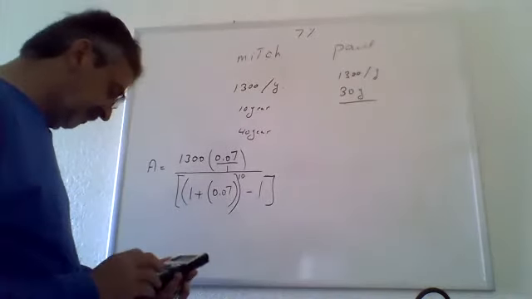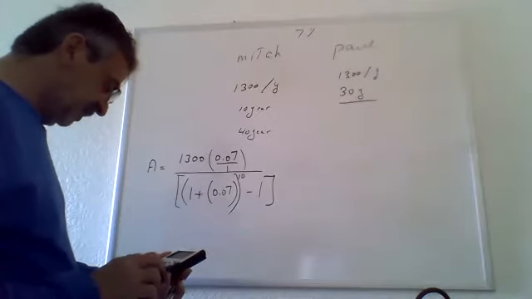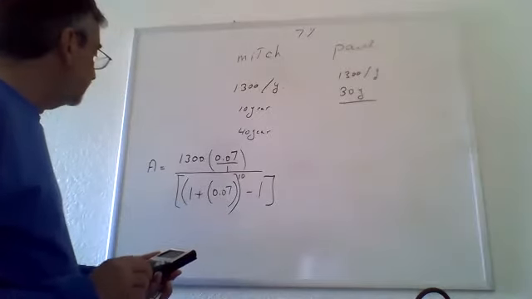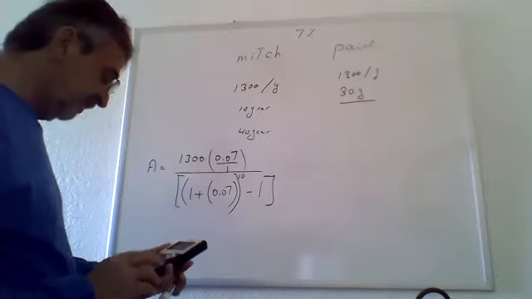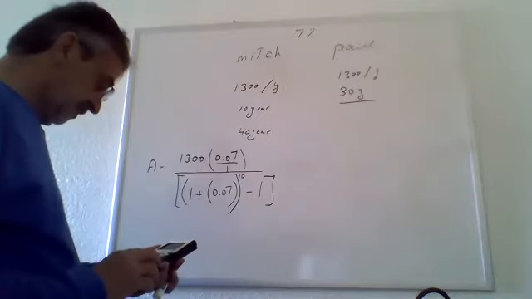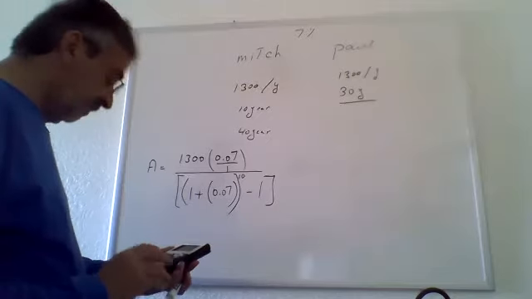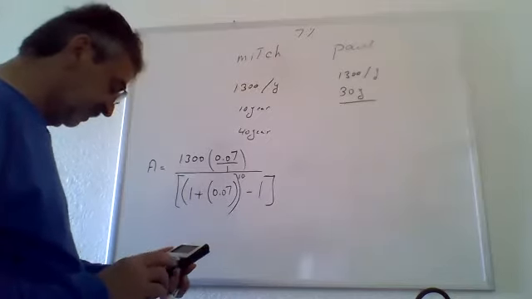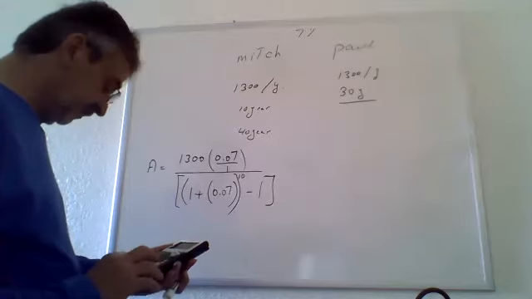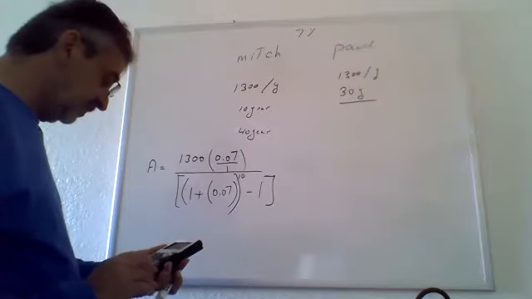Let me figure that out. 1,300 times 0.07 divided by 1 plus 0.07 to the power 10 minus 1. Oops.